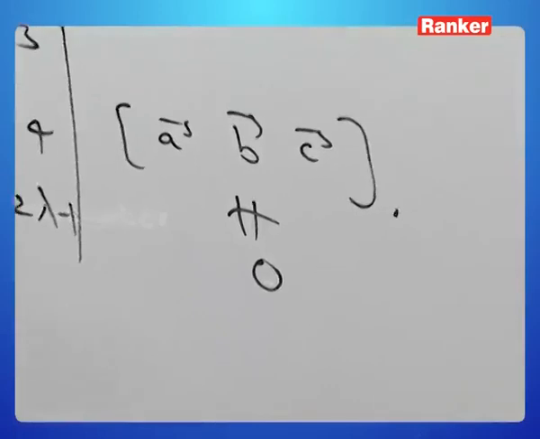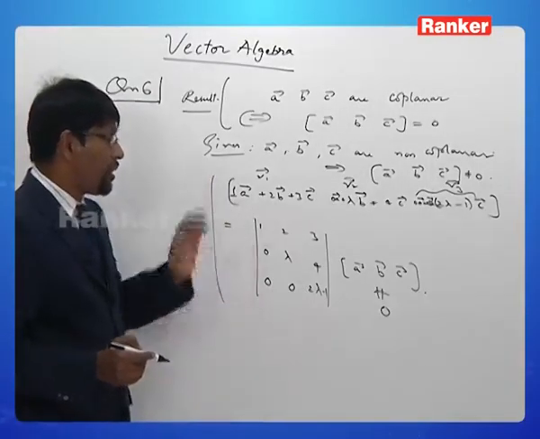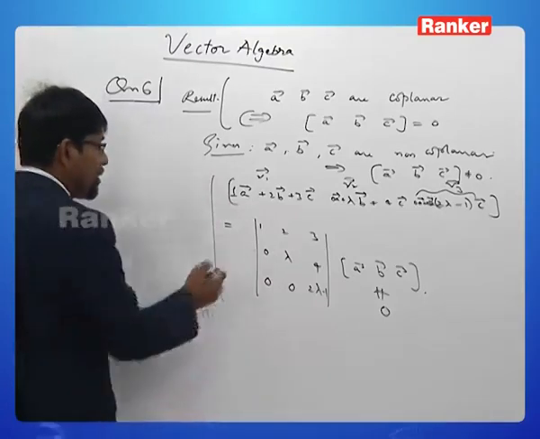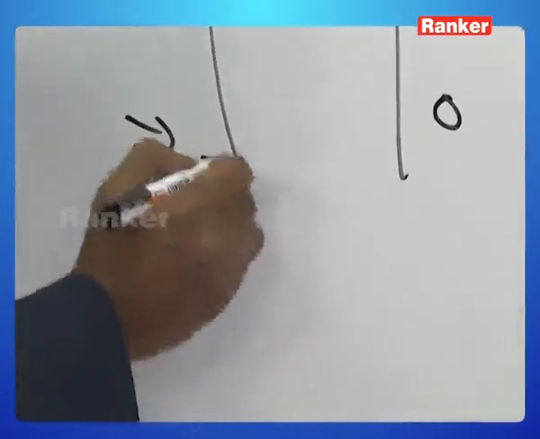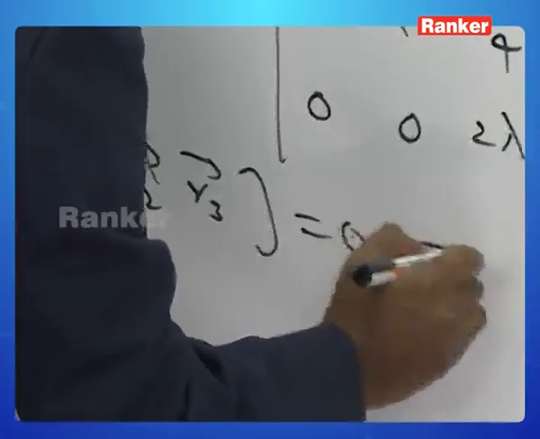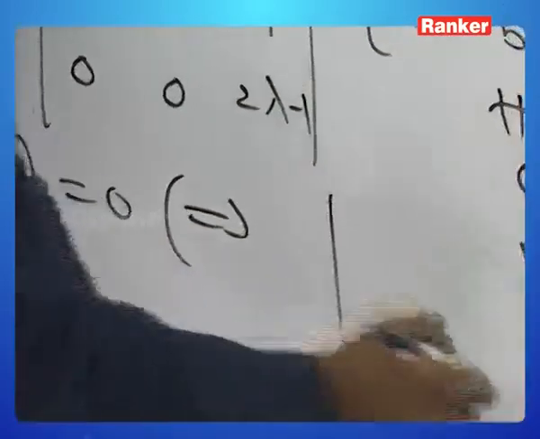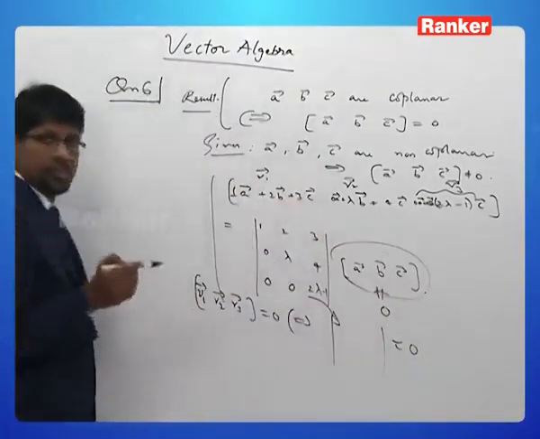Therefore, when can this box product be 0? Only when the determinant is 0. And clearly the box product of v1, v2, v3 is 0 if and only if this determinant we have here is 0, because the later part is non-zero.